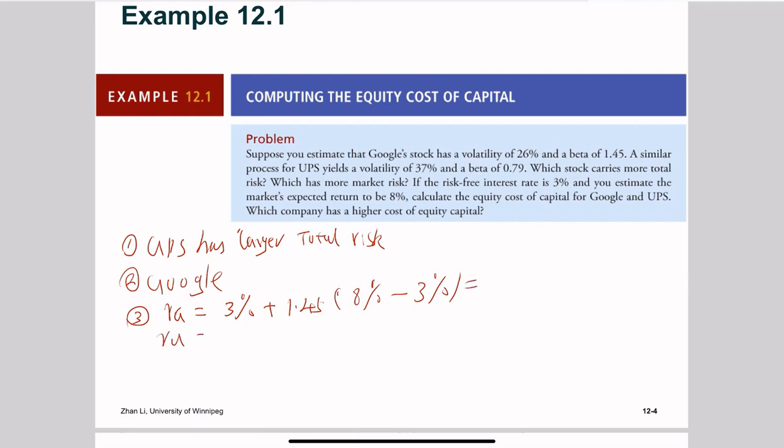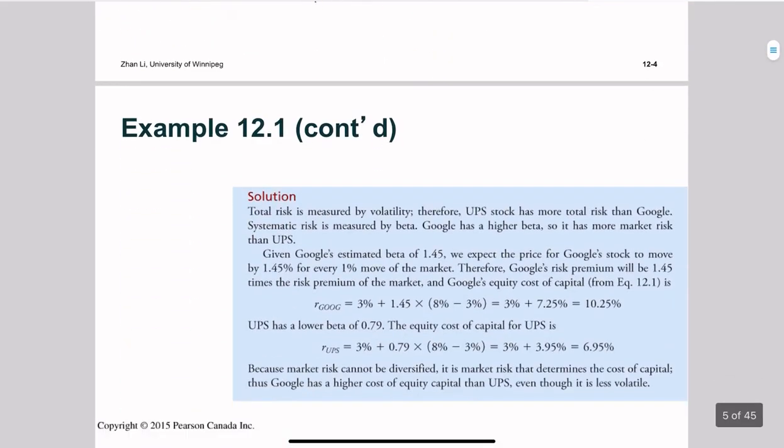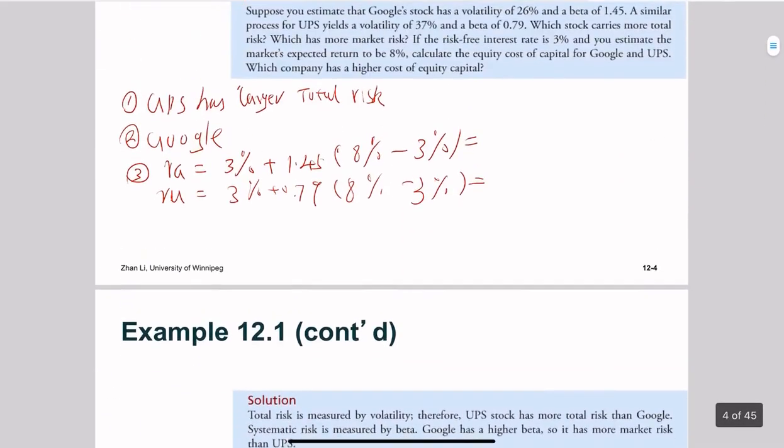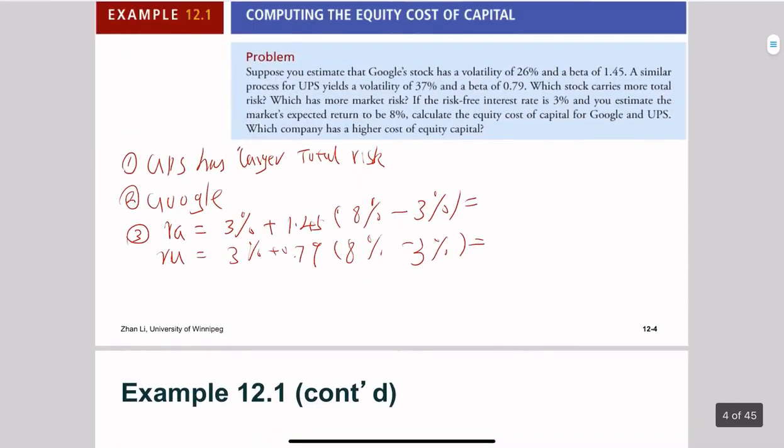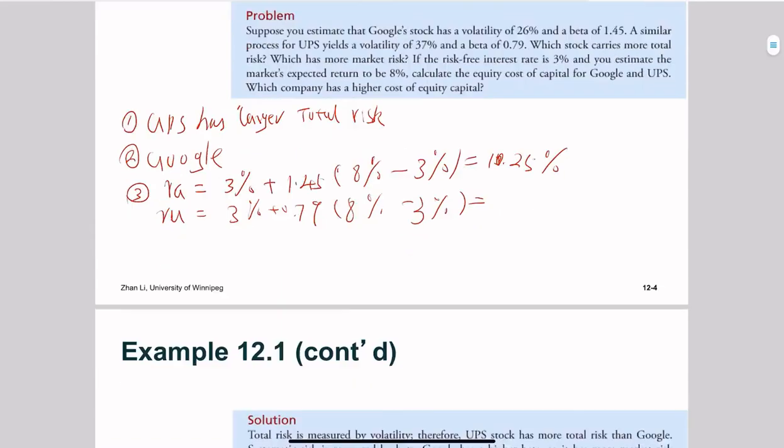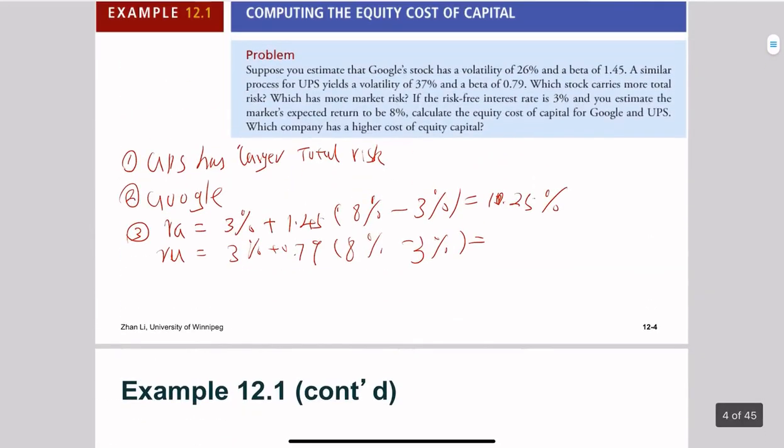So similarly for UPS, 3% plus 0.79 times 8% minus 3%, which gives us 10.25% and 6.95%.